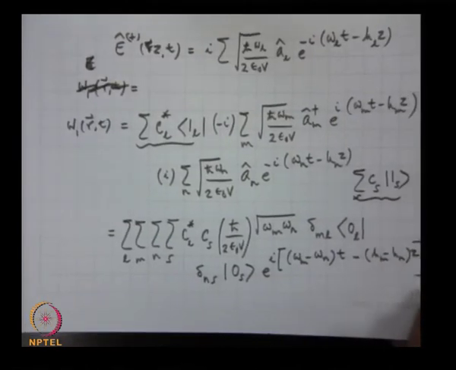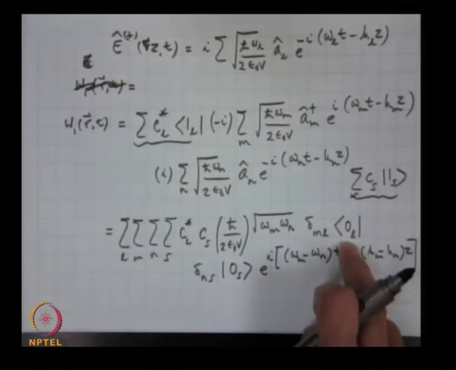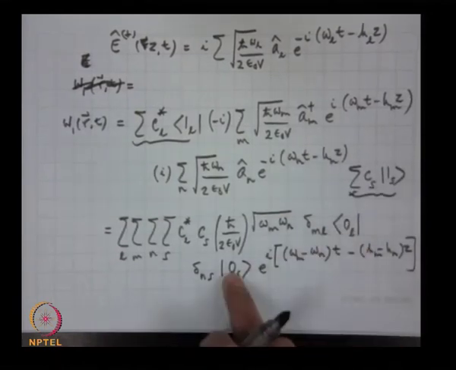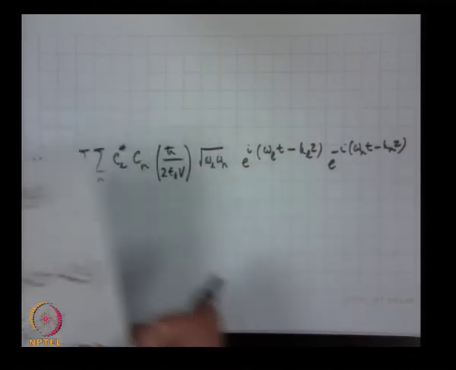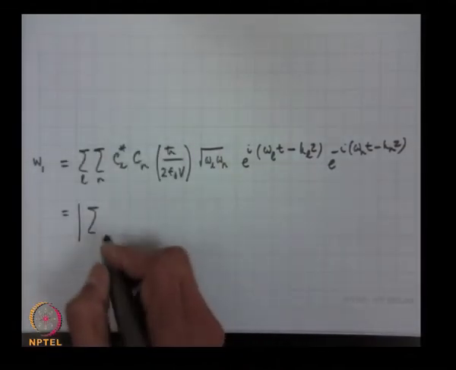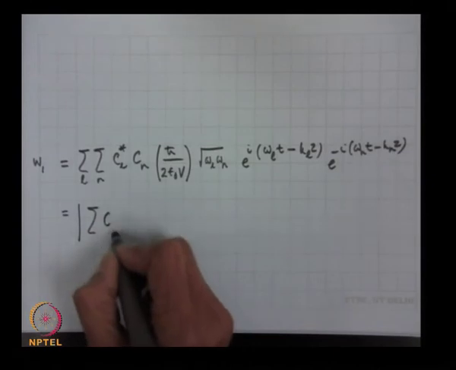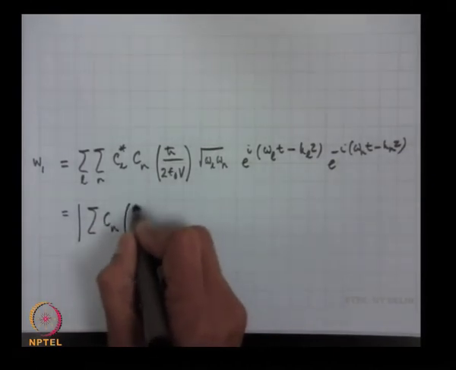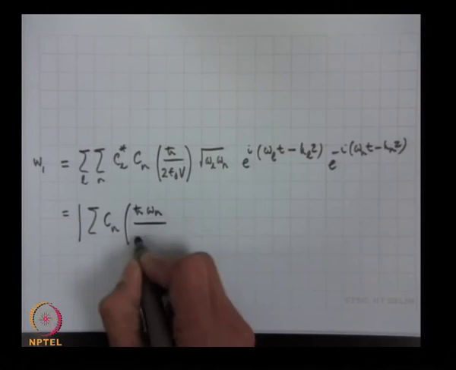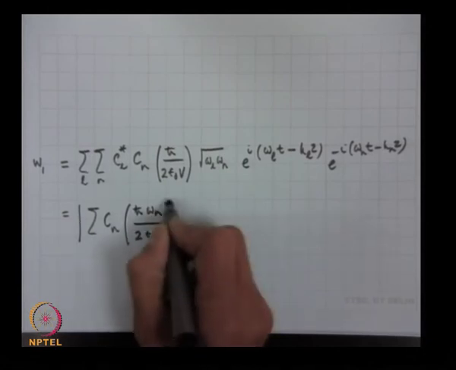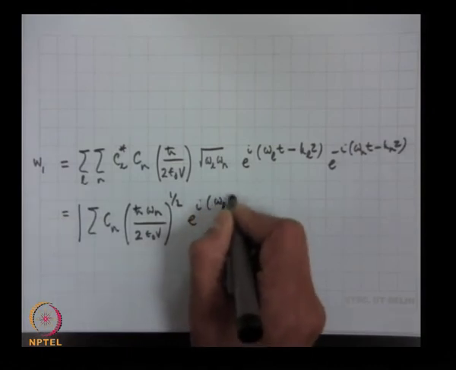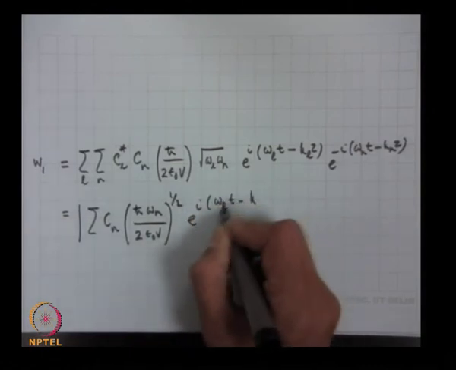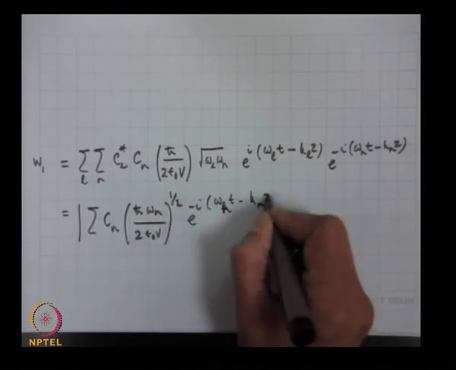So there will be delta_l. No. This ⟨0_l| is a complete vacuum state, and this is 1. There is no s_l because this is 0_s. I'm just writing the subscript for the state which has got destroyed. Okay. So this is sigma. Actually, this you see, this is nothing but c_n h cross omega_n by 2 epsilon 0 v raised to half, exponential i(omega_l t minus omega_n t minus k_n z).